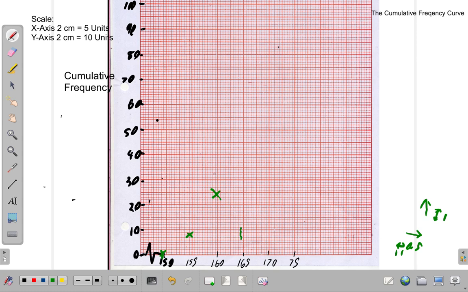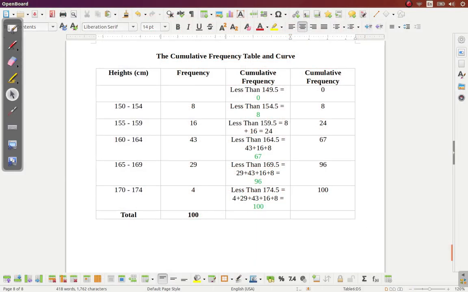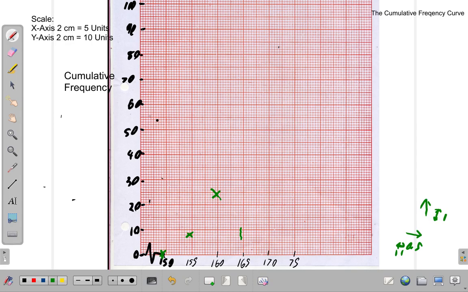And what was it again? 67. Where is 67? It's 60. Here you go upwards.